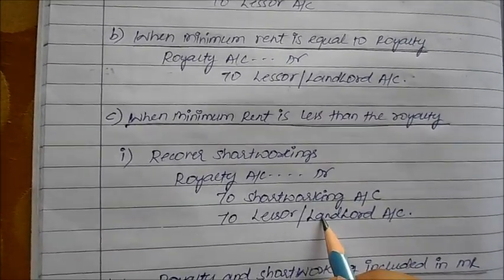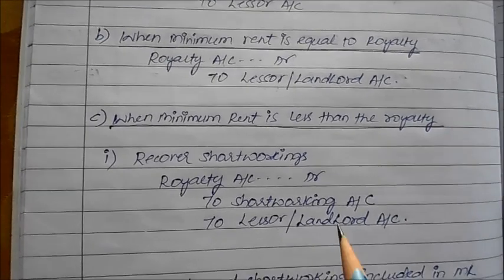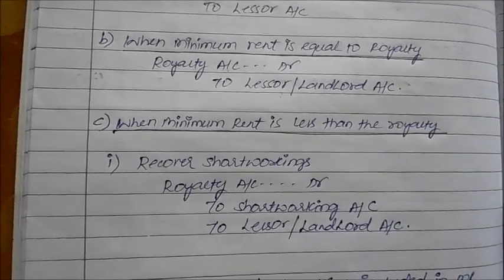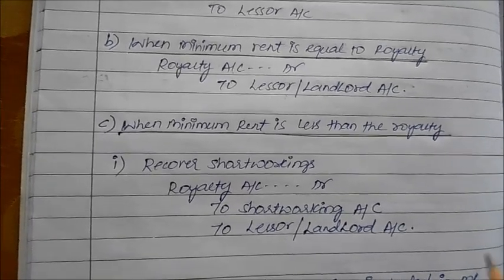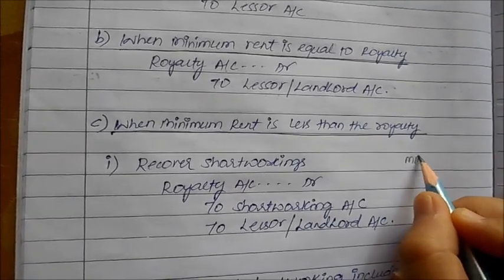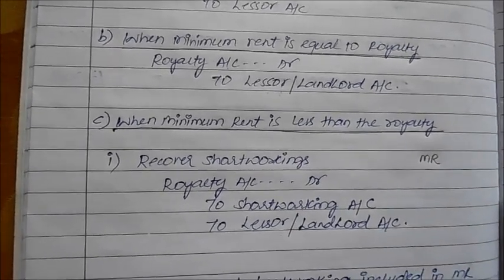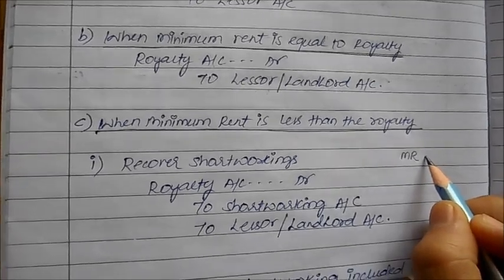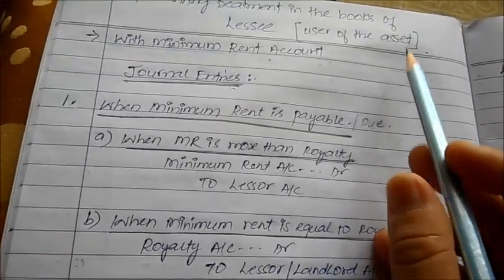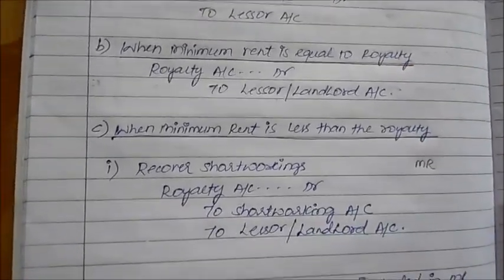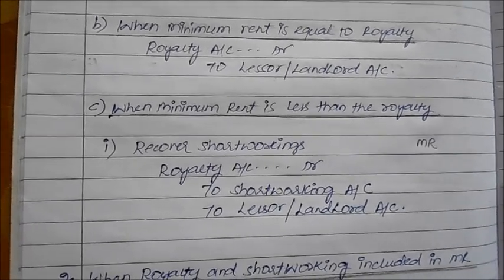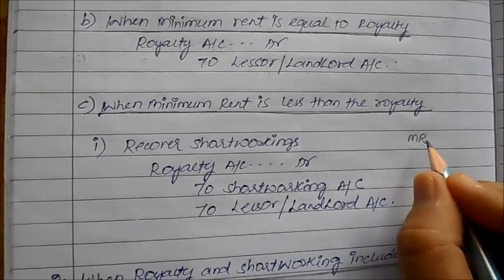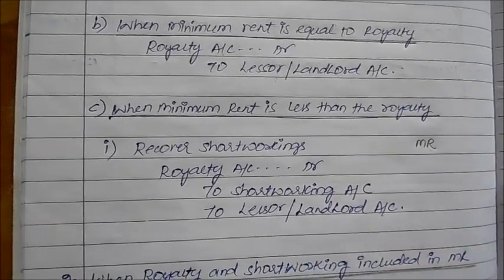Next one, when minimum rent is less than the royalty. This particular journal entry will have an advantage to the user of the asset. Whatever minimum rent amount you are paying, in the coming few years the user of the asset will have a benefit to recover whatever extra payment you have made in the form of minimum rent, from royalty.